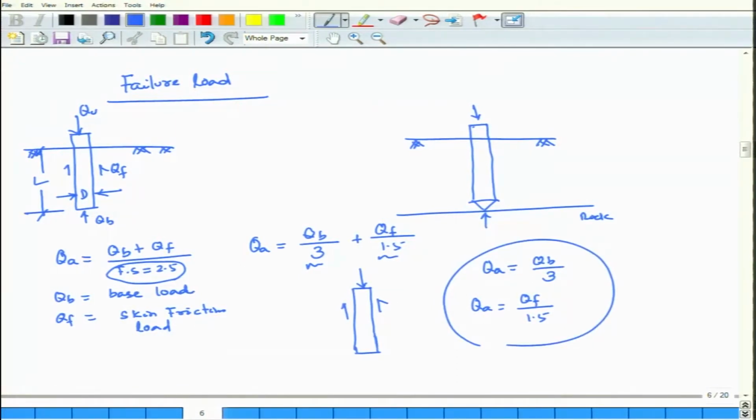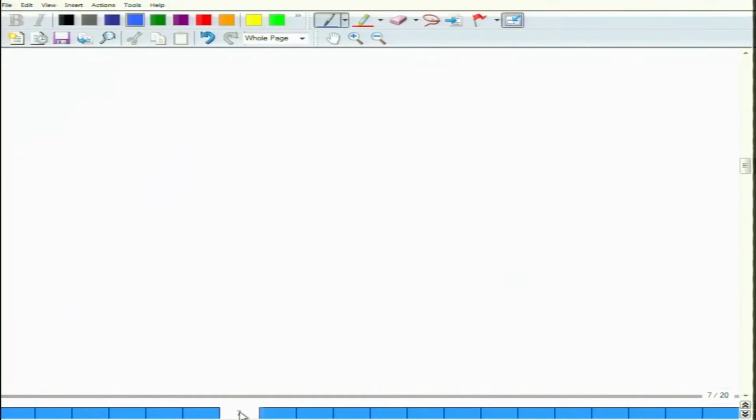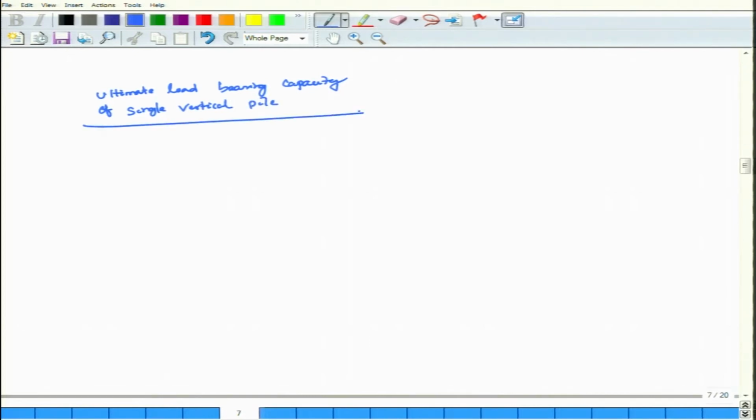Now, what are the different methods to find out the ultimate load bearing capacity of a single vertical pile? There are different methods.